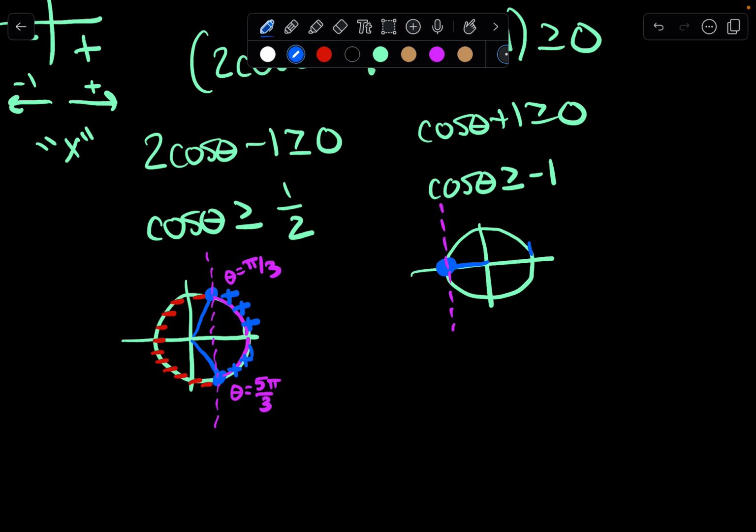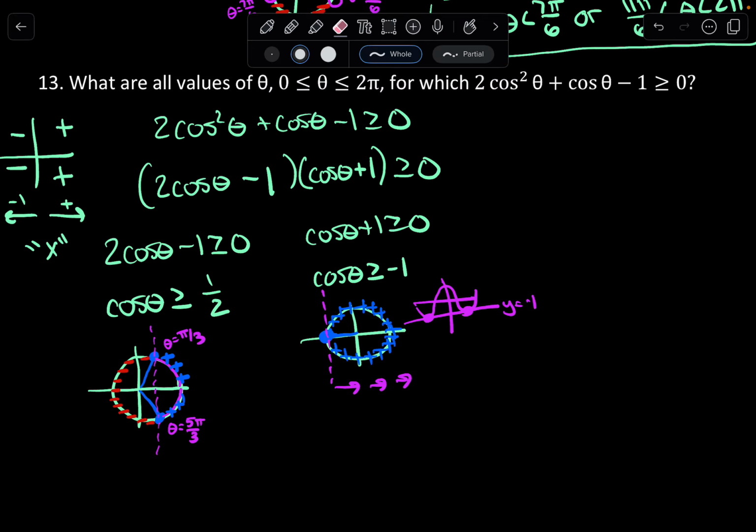It's going to be all of the time. So the entire unit circle from 0 to 2 pi will satisfy this inequality because everything for cosine is greater than -1. If you think about how it oscillates, all of cosine is greater than or equal to -1.